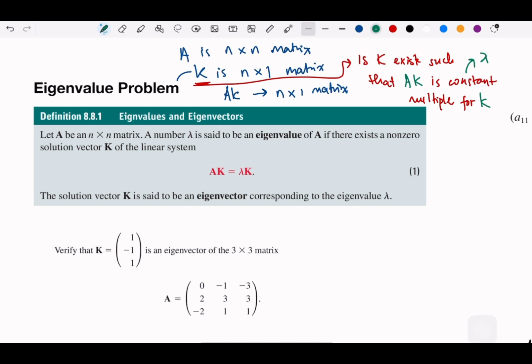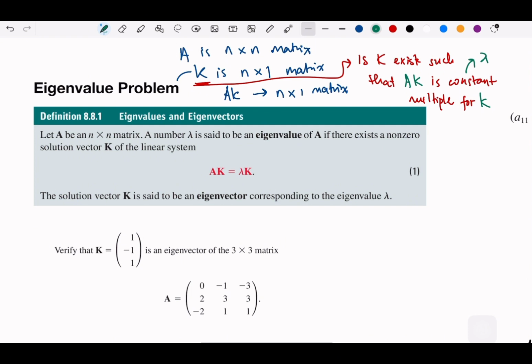Okay, so when we have the system here, let's say A is a square matrix n by n, and we say that there will be a number that we call lambda, the eigenvalue of A. So this will be a scalar, a constant.